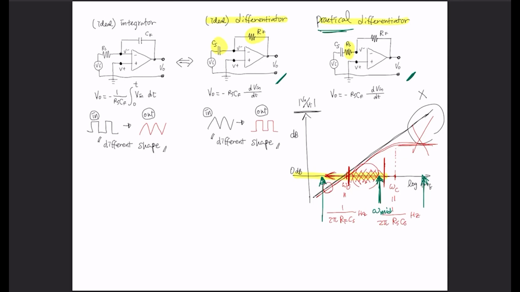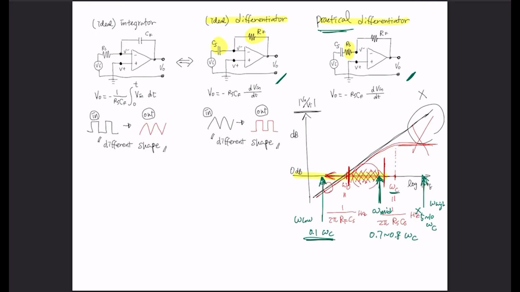Your mid frequency is going to be slightly lower than your omega c, so maybe 0.7 or 0.8 times your omega c. This is going to be 5 to 10 times your omega c, and this is going to be about 0.1 of your omega c. So this is your low, mid, and this is your high.